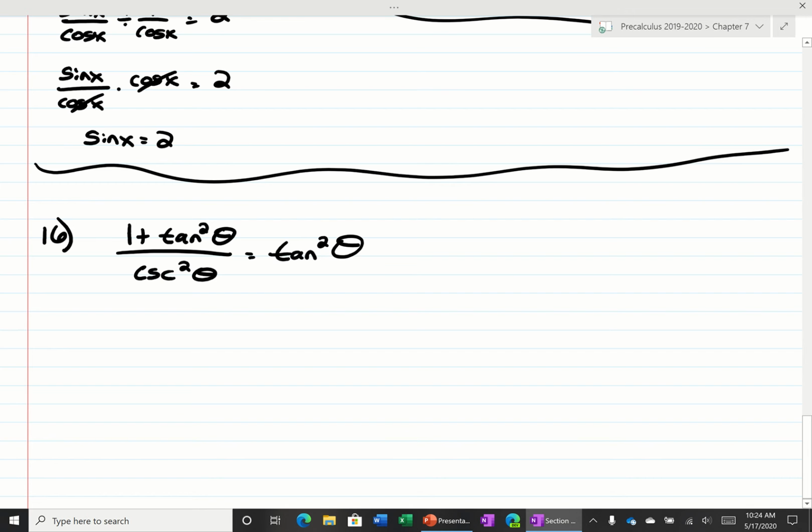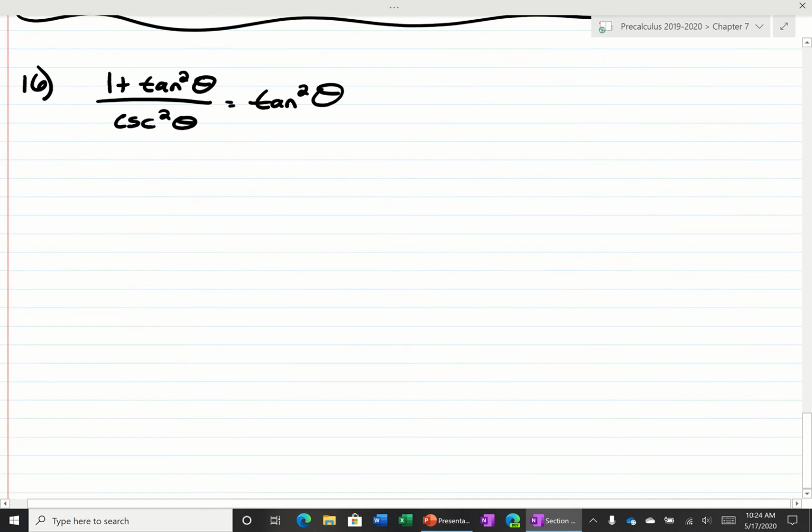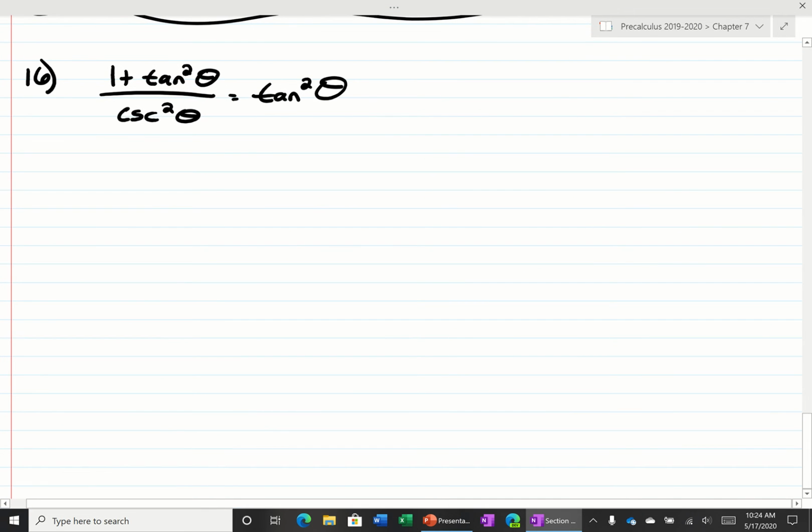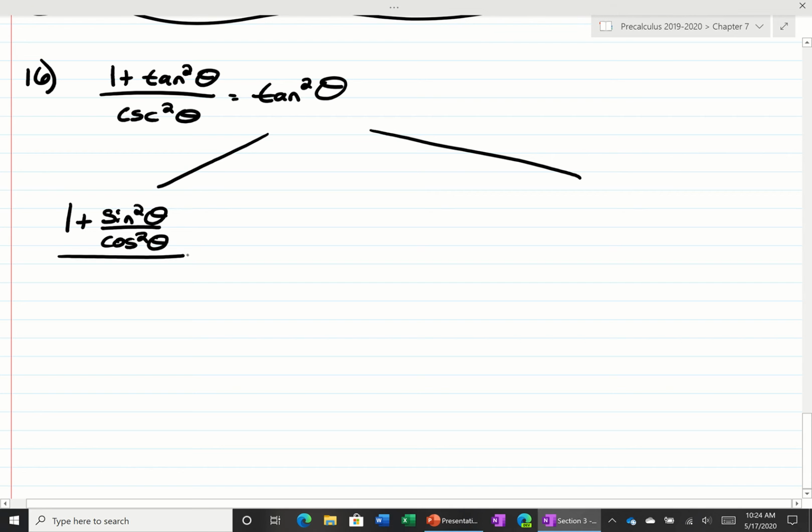So the hardest area of this equation is clearly the left. And actually, I'll show you two ways to do this. The way that we talked about in class is we could write tangent squared as sine squared of theta over cosine squared of theta. Cosecant squared is 1 over sine squared of theta.